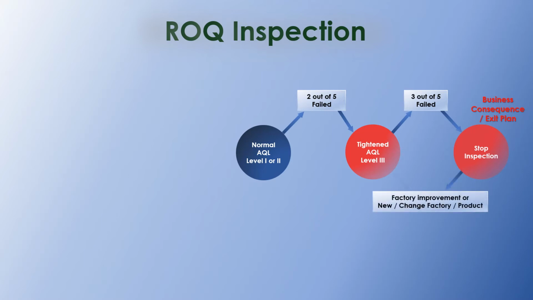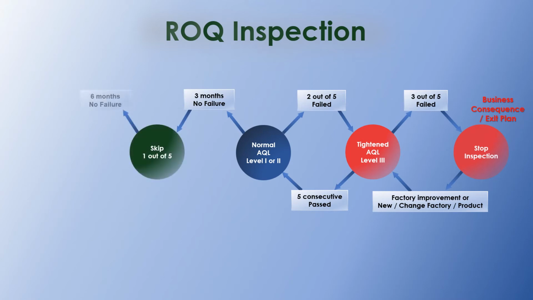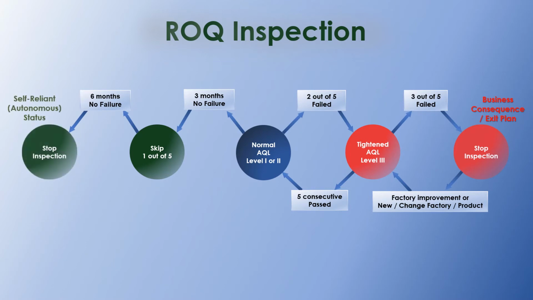Once satisfactory improvement is demonstrated, inspection activities can then be restored with tightened sampling. Tightened sampling can also be used as a means to validate new products or factories, or changes in products or factories. Further improvements can then lead to less and less inspection with the ultimate goal of self-reliant or autonomous status at the product, factory, or supplier level.